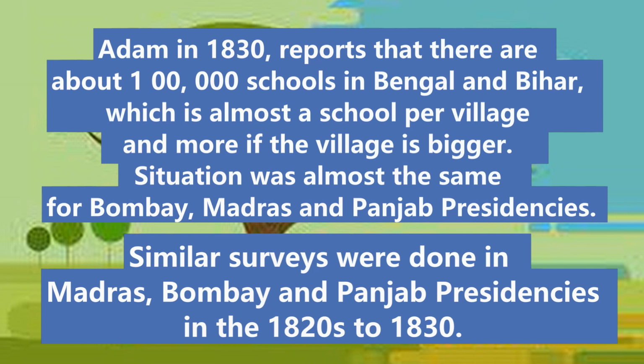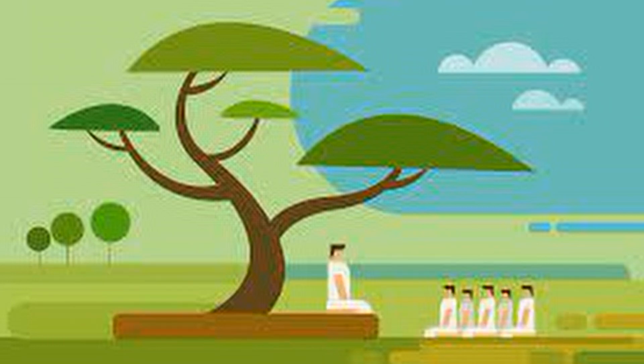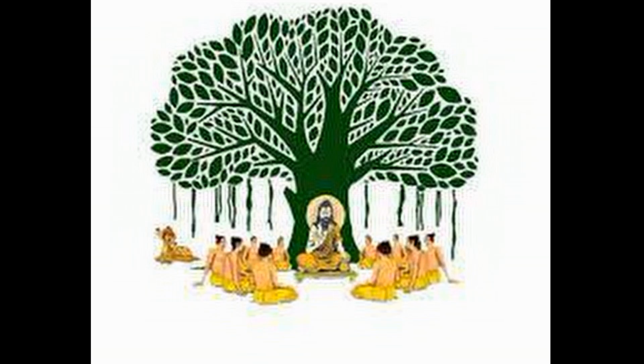In all these places, they found that there were schools and pathshalas running, generally managed by the local temples. And how were they funded? The temples were funded by the revenues of the surrounding villages, and these revenues were utilized for imparting education.